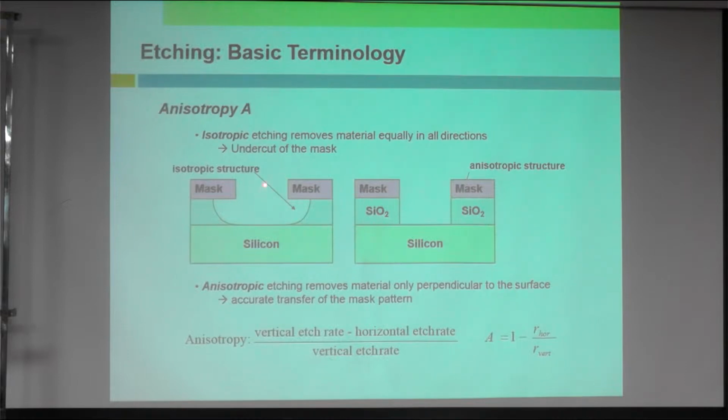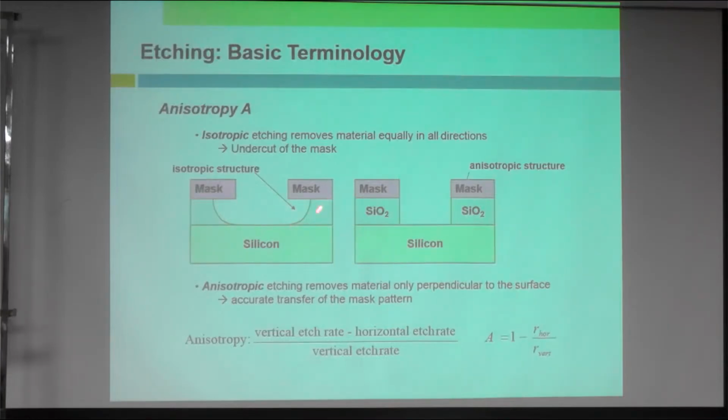The chemical will firstly attack the surface area, but once it goes in, all directions of this SiO2 will be attacked and etched. From here onwards, it goes in all directions.